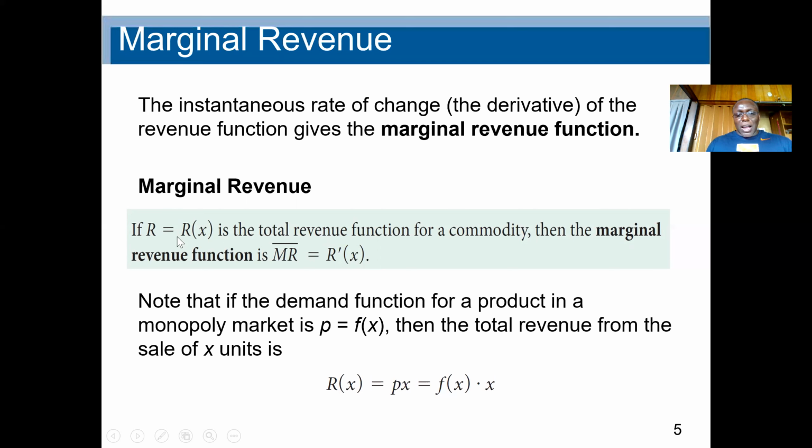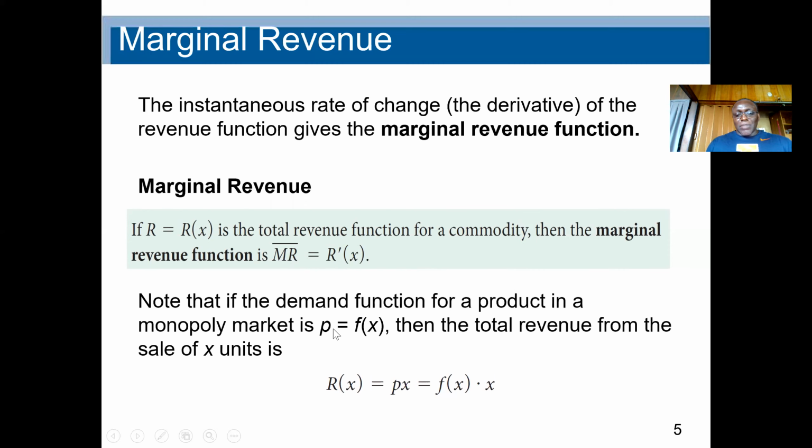So here we say if R equals R at X, R represents the revenue, X is the number of products, is the total revenue function for a commodity, X will be the number of commodities. Then the marginal revenue function, which is MR, is the derivative of the function. Very straightforward.